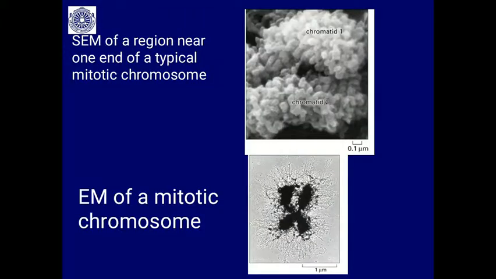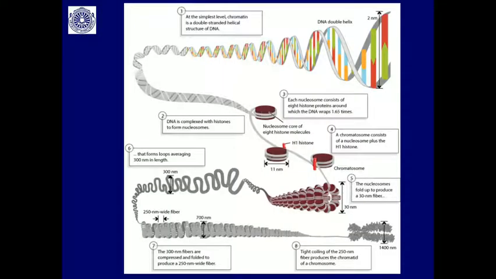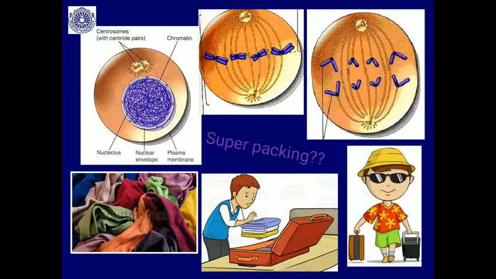This is again the metaphase chromosome, or the chromatid, showing a highly coiled structure. This is an electron micrograph. So from here you can see from DNA, during interphase, to prophase, to metaphase, 6 levels of coiling.